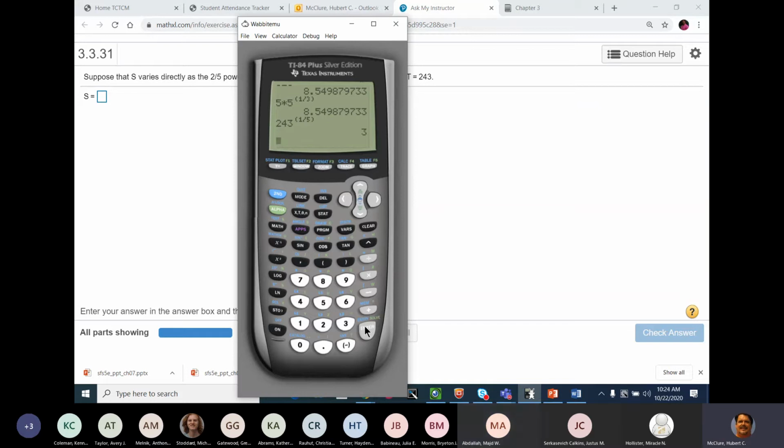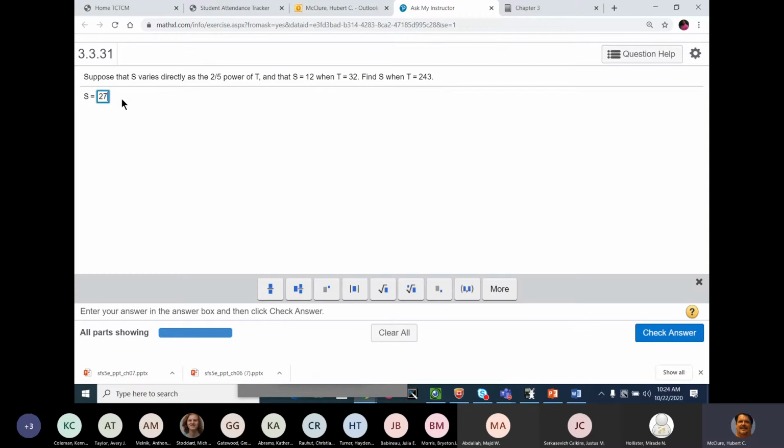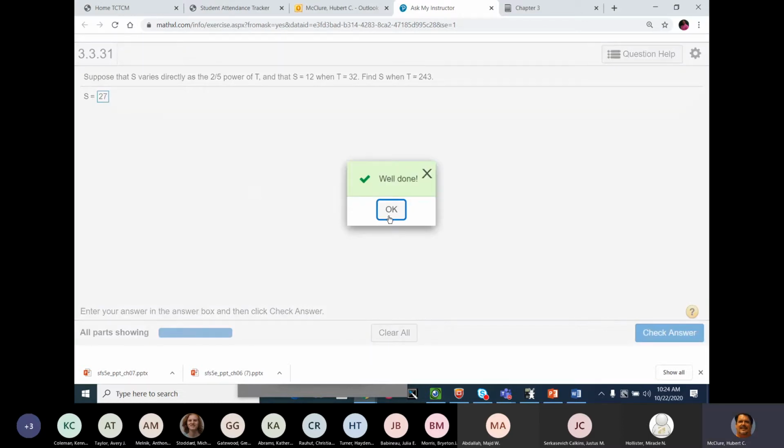Okay. So that would be S is equal to 3 times parentheses 3 to the second power. And 3 to the second power is 9. 9 times 3 is 27. That should be your answer. Let's check it and see. And we feel good about ourselves.